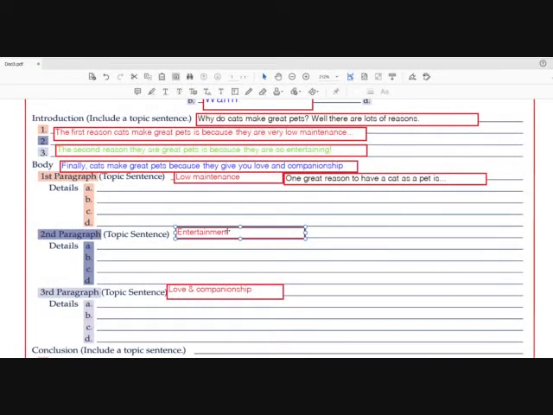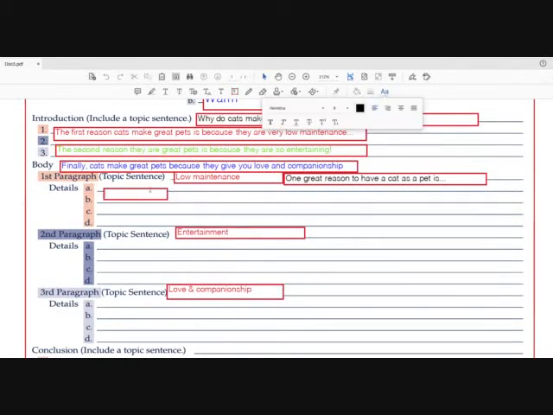Okay, one great reason to have a pet is they're low maintenance. They're low maintenance because, and that's where your details come in. You don't need to train them to use the litter box.